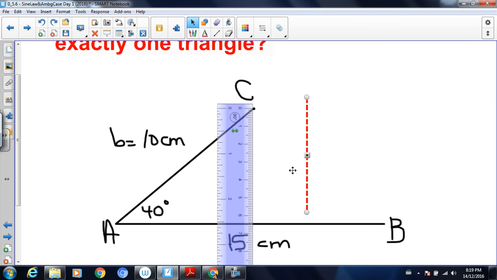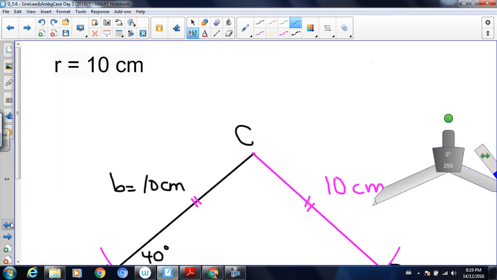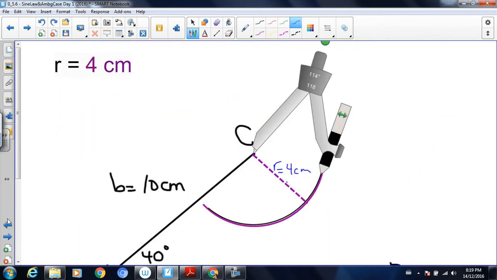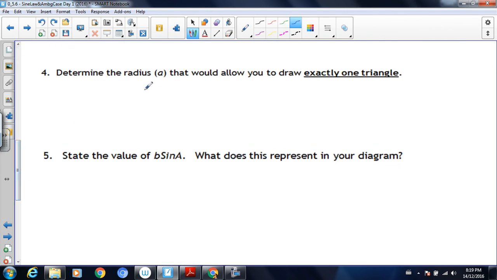And in this case, you can measure it to about approximately 6.5 centimeters, roughly. So let's fill that into our chart. Approximately 6.5 centimeters to get one right angle triangle. This should say exactly one right triangle.